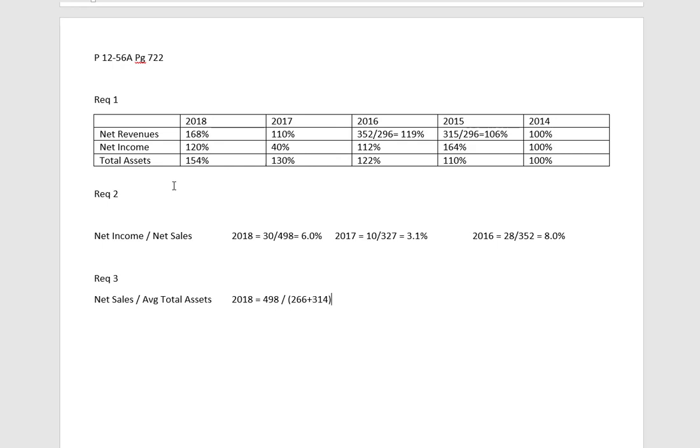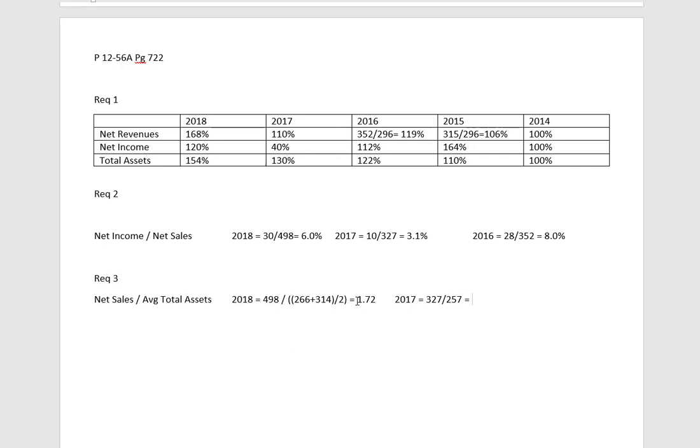And my average total assets are 266 plus 314, so beginning plus ending total assets divided by 2. That's how I'm going to calculate the average, right? And I'm going to do this math. So here's the equation, and what is that going to equal? That equals 1.72. So I'm going to do the same thing for 2017, which is 327, and I've already done the average here, which comes out to 257 for average total assets.